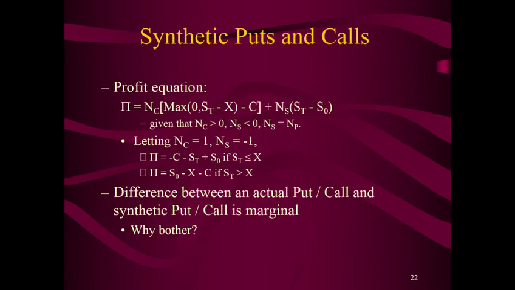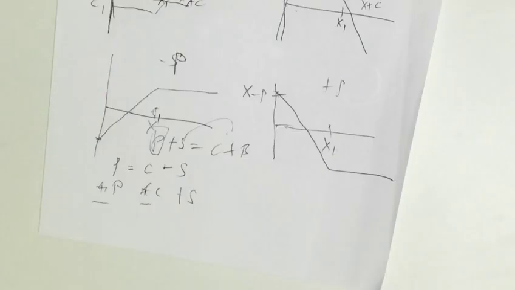So, the profit equation for synthetic puts. Again, the payoff is always the same. Assume one contract size for ease of calculation. The profit then is minus C minus ST plus SO. I'll write this down for you.